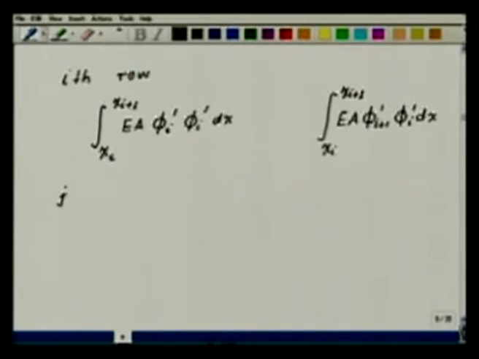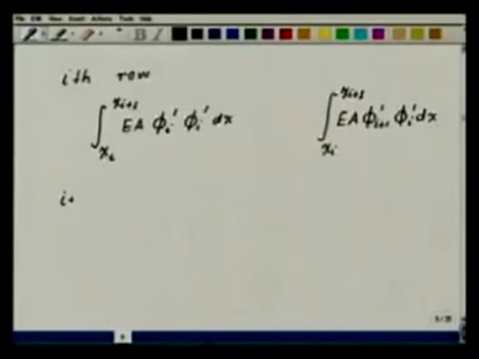Similarly, for the I plus 1th row, what are going to be non-zero?